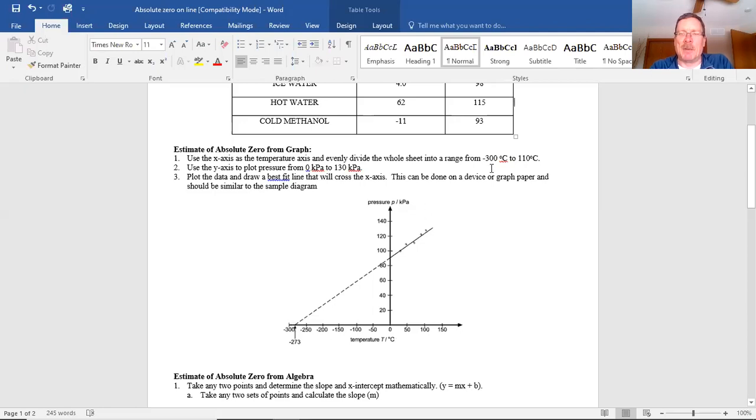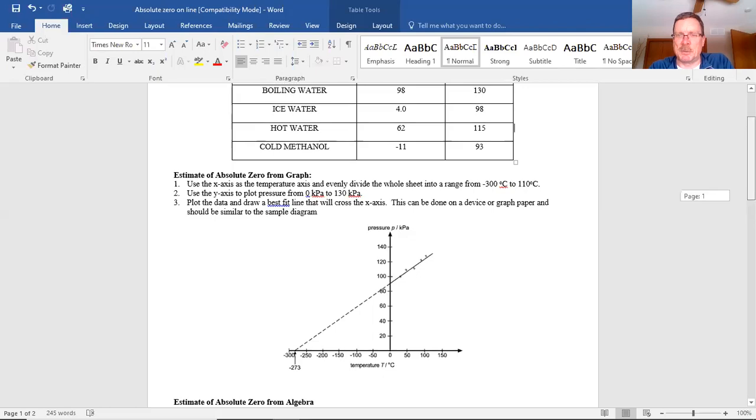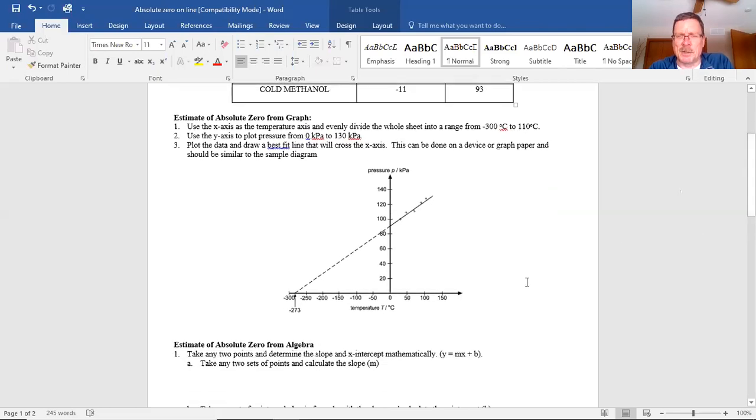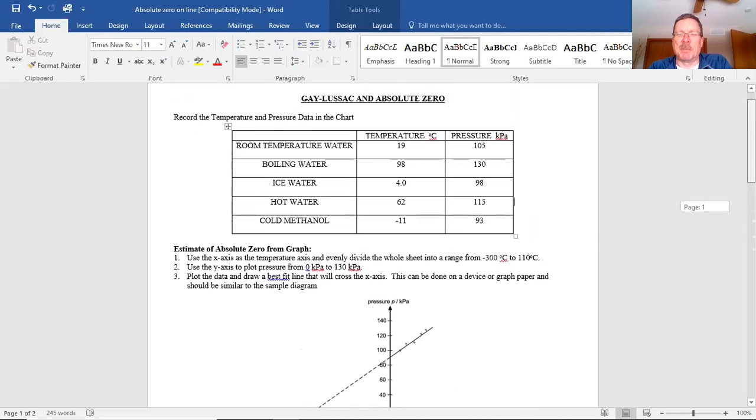And again, I recommend up here in the procedure that you start at about minus 300, since minus 273 is our theory. And our top value of pressure was 130. So you'll want to go to 130, probably more like 140 or 135. Spread out that data, and then just plot it. Plot temperature versus kilopascals.